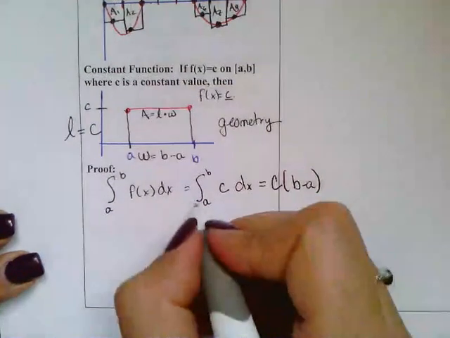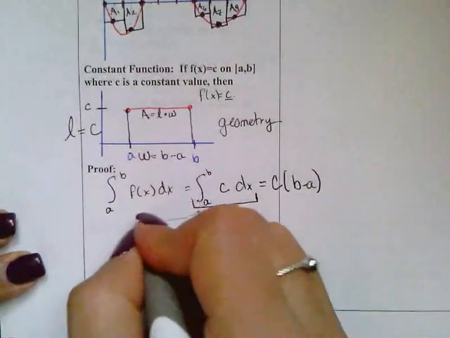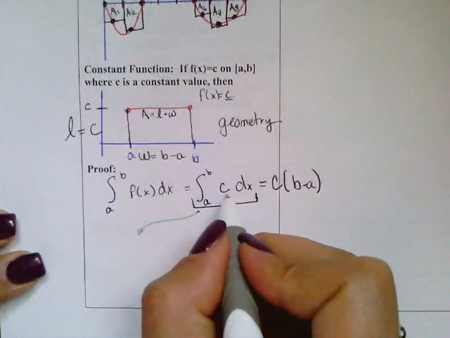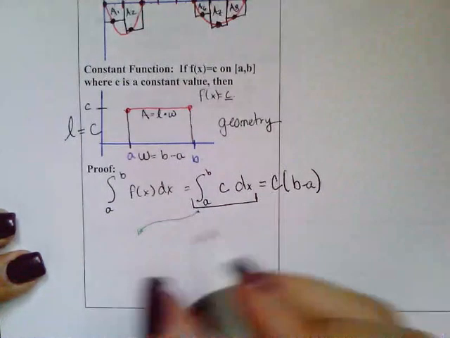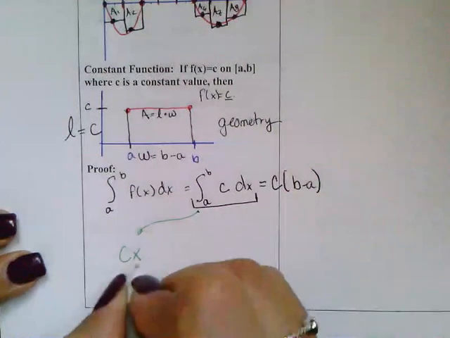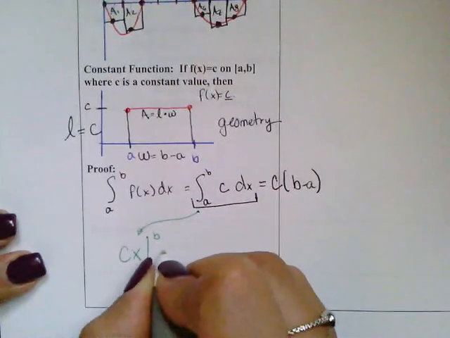And why is that? So let's take this part right here and actually integrate it. Let's show the proof. Now remember, the integral of a constant, you just add an x. So there's the integral of the constant, and then it's from upper limit b, lower limit a.